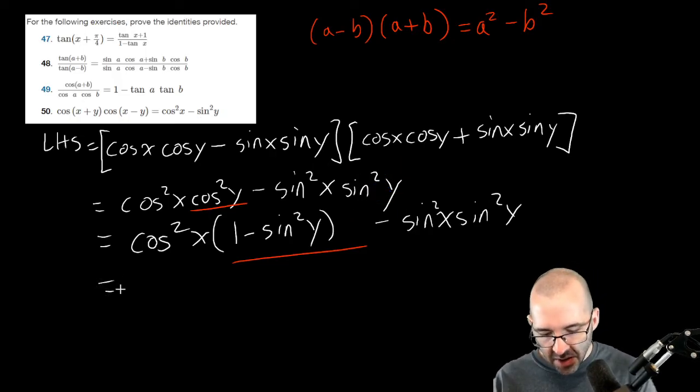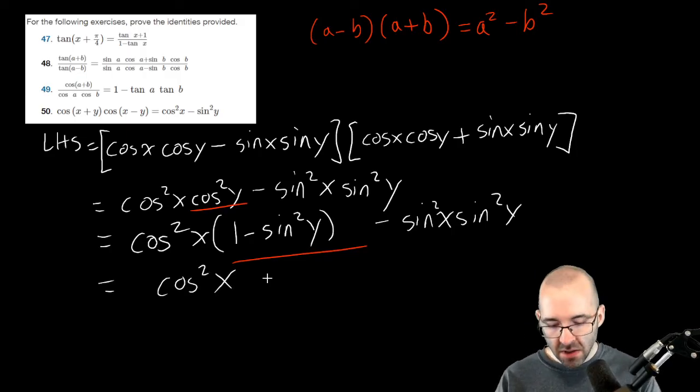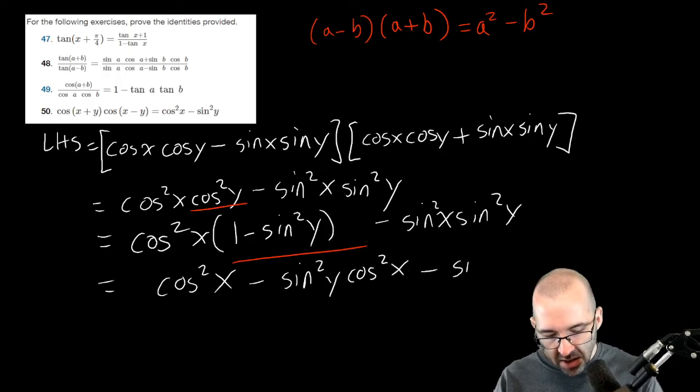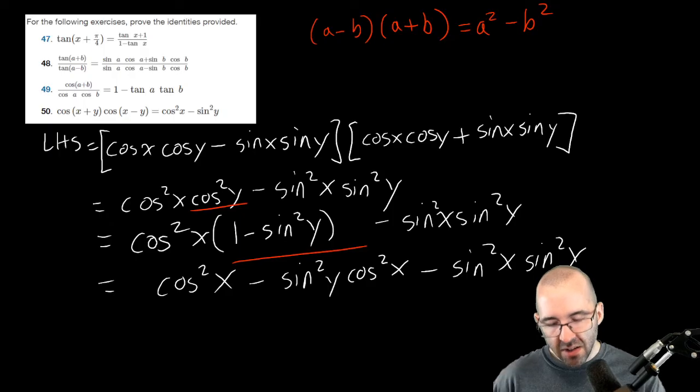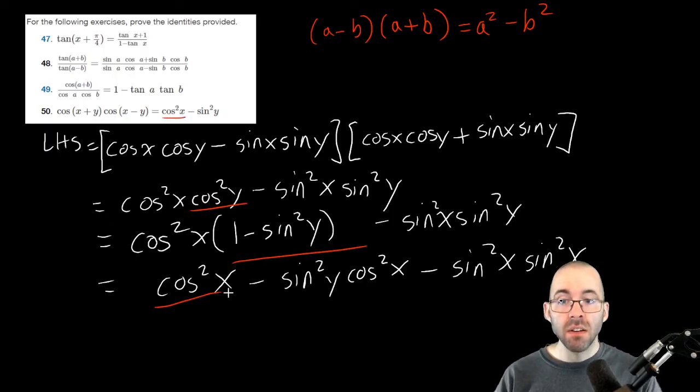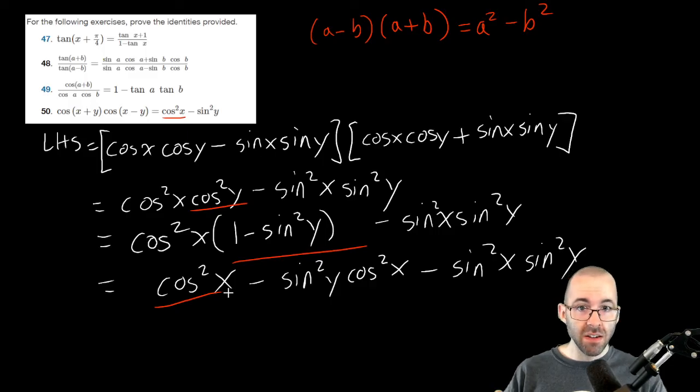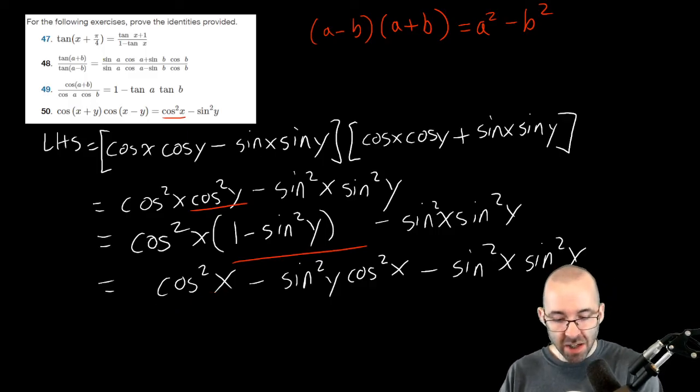So if we do this, we get cosine squared of x, let's distribute, minus sine squared of y, cosine squared of x, minus sine squared of x, sine squared of y. Okay, doesn't look great, but hey, look, this part matches now. So that's progress maybe.